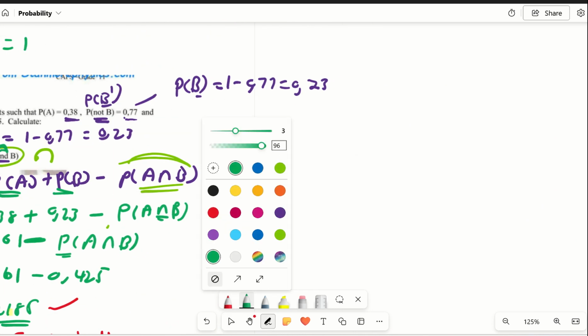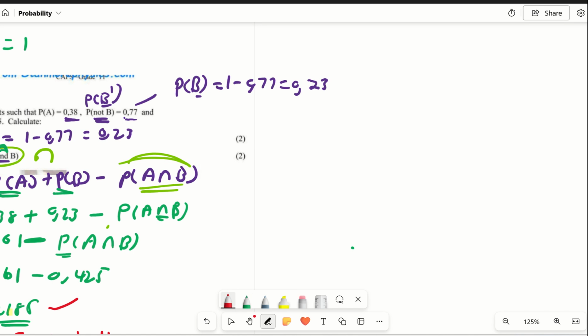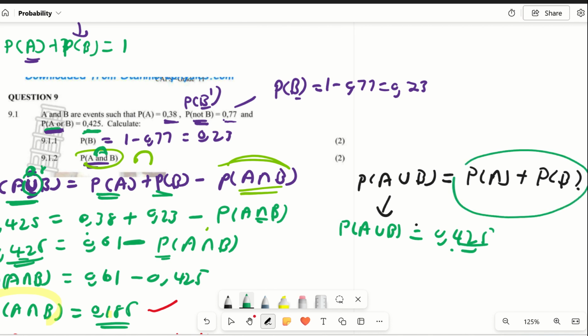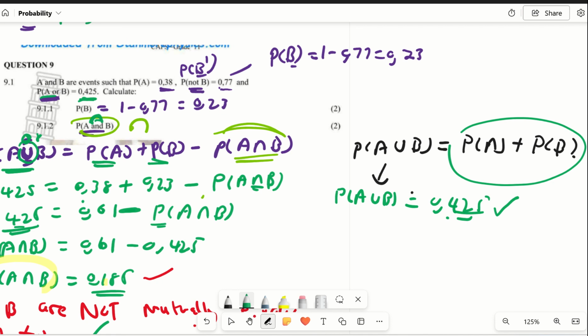Let's use the second condition. That is, we are checking if the probability of A or B is equal to probability of A plus the probability of B. The probability of A or B is given to be 0.425. Now you're going to add these two probabilities and see if they give you 0.425.